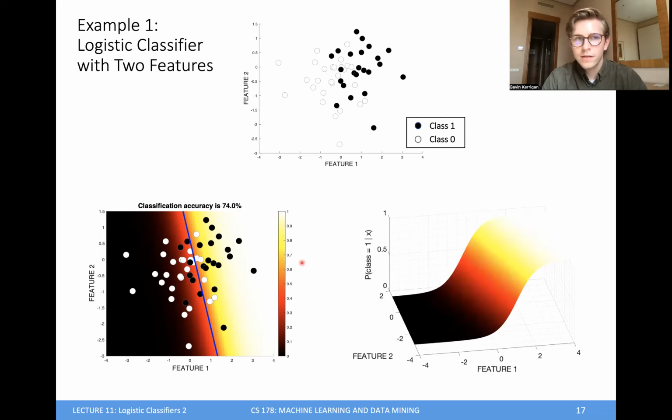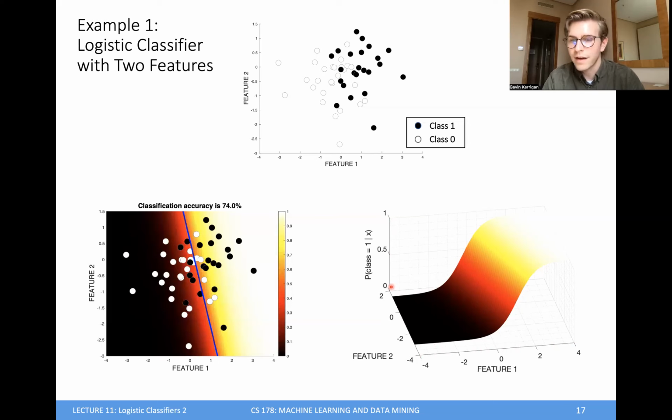Another way of visualizing these logistic models with two input features is in a 3D plot. So on the flat axes here, feature 1 and feature 2, I'm representing my actual input features. And on the vertical axis, I'm representing the output of my model. So we see a smooth decision surface almost representing these predicted probabilities.